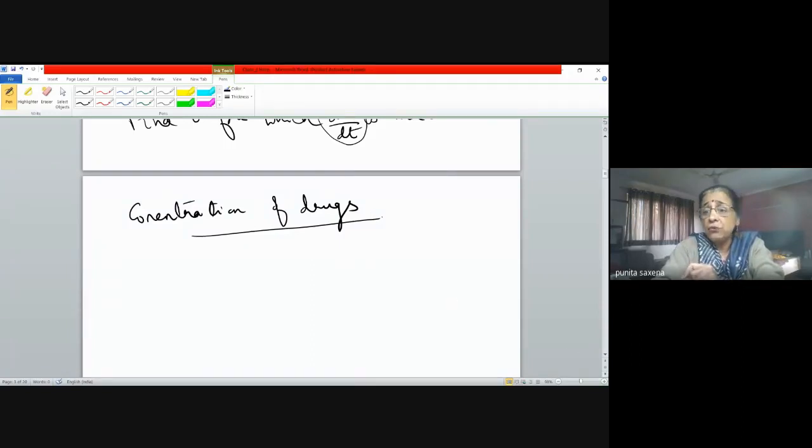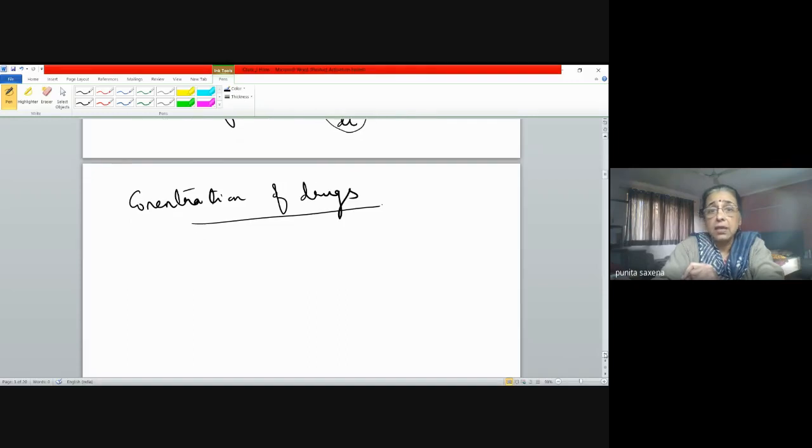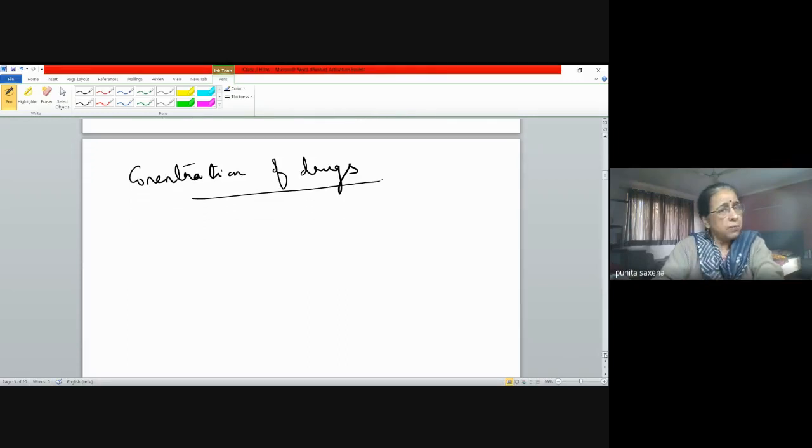Now, when we talk of concentration of drugs, have you ever bothered, for every medicine that we take, like antibiotics, painkillers, जैसे क्रोसिन भी लेते हैं ना, डॉक्टर says कम से कम 6 घंटे का गैप होना चाहिए before you take another crocin, right? Similarly, there are certain antibiotics that have a fixed dosage.